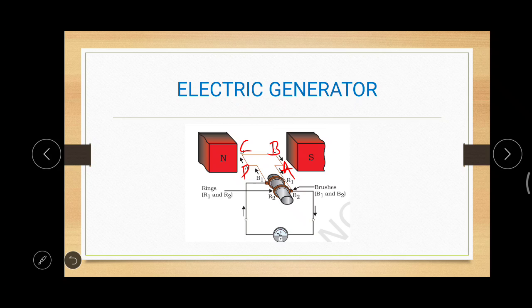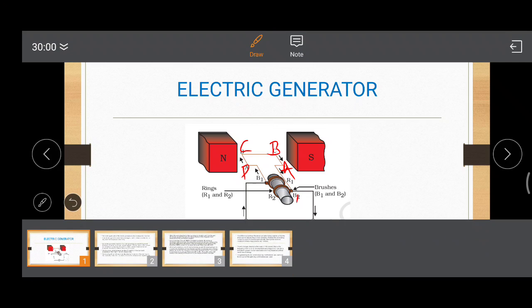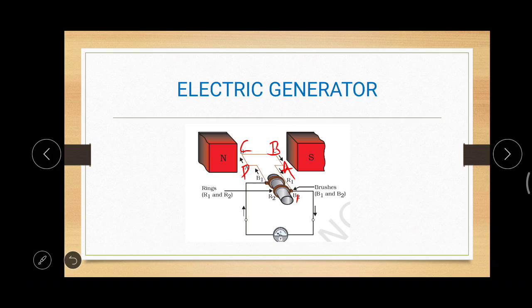So we will rewrite this one as B1. Because AB should always be in contact with B1, this is B1 and this is B2. As well, R1 and R2 are also changing. Now I am not writing B1 and B2, I am writing only R. Otherwise, this one will be R2 and this one will be R1.